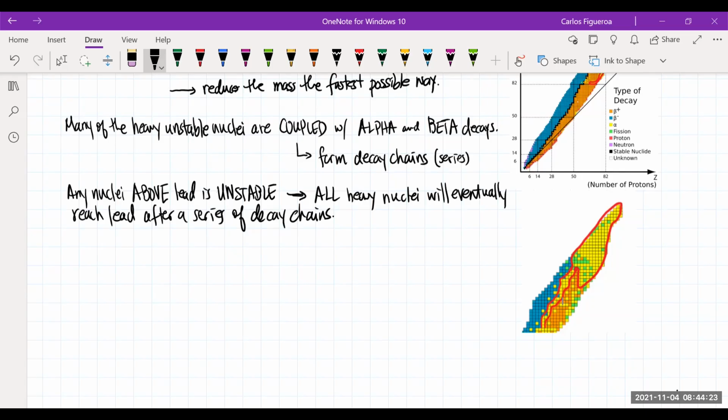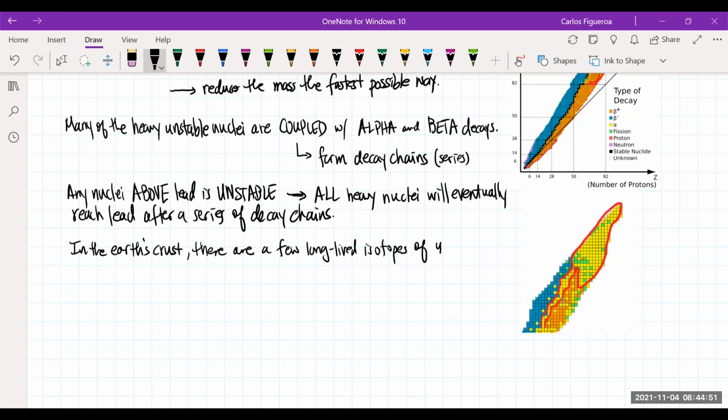If you follow the work of Claire Patterson, here's what we know, that in the Earth's crust, there are a few long-lived isotopes of uranium.